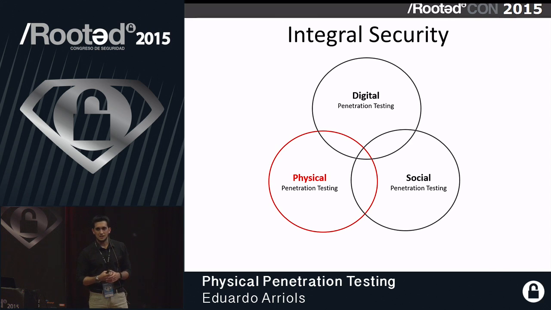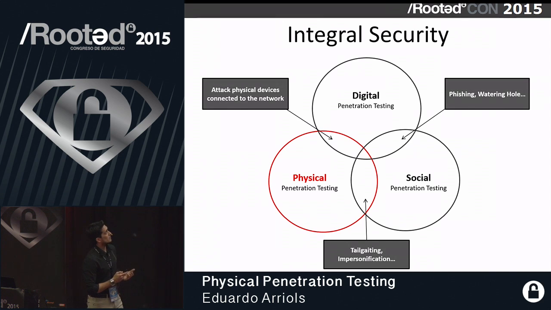So when it comes to security in companies, we are used to dealing with digital security, but companies also have other types of security. We have the physical one, penetration testing, then we have a social part, which is social engineering, and then we have a physical part. So if you want to secure a company, you really need to check on these 3 aspects.